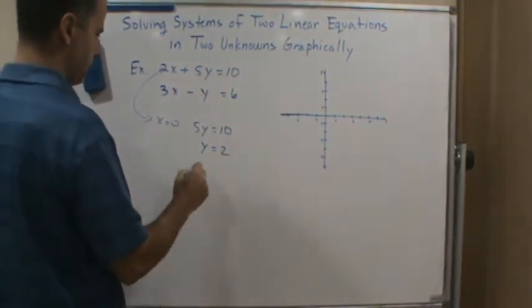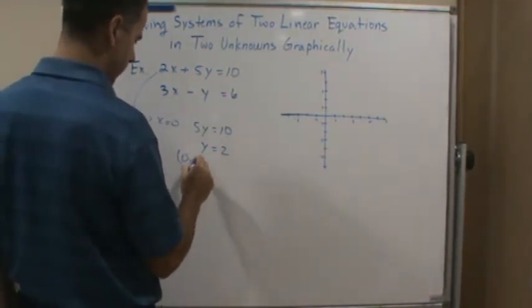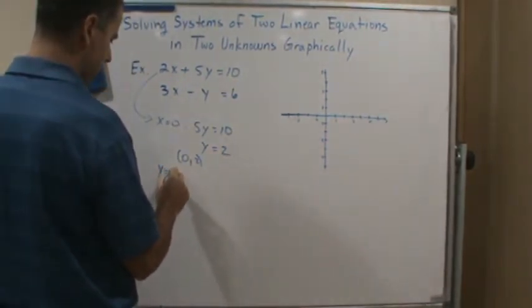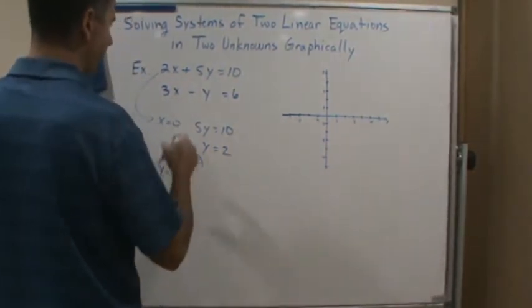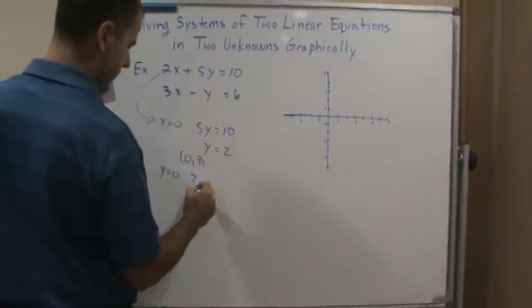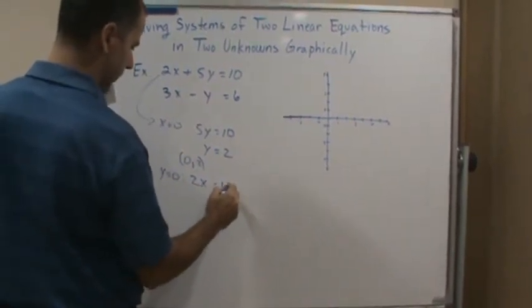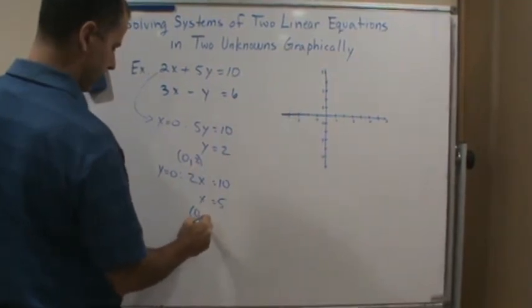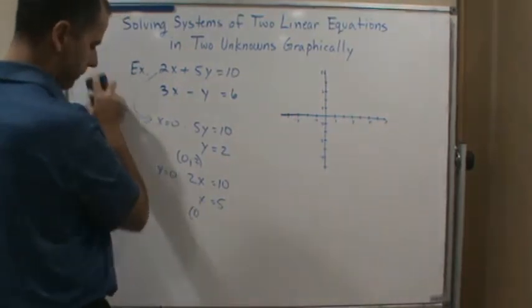So the y-intercept here is going to be (0, 2). And if we set y equal to 0, then we get 2x equals 10, and then x equals 5, and so we get (5, 0).